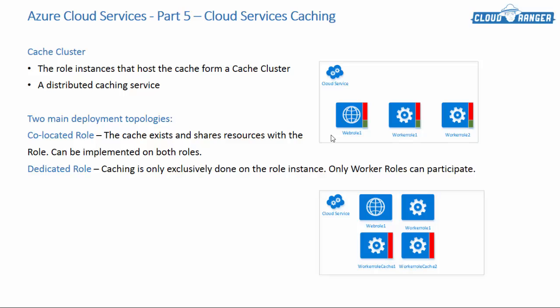If you have co-located caching, you are going to utilize, for example, these three roles: one web role and two worker roles. You are using some of the roles' memory to store the cache, which is the green colored one, and you are leaving the red colored memory for the role itself.